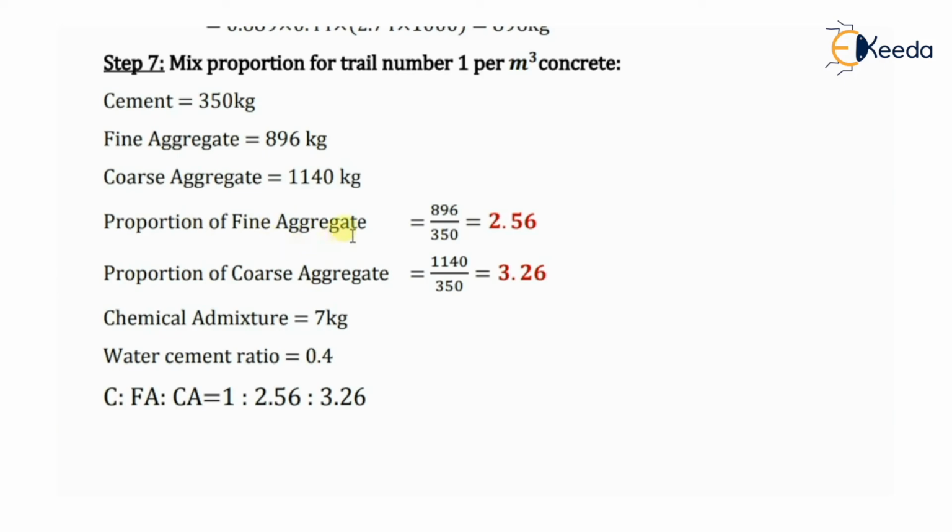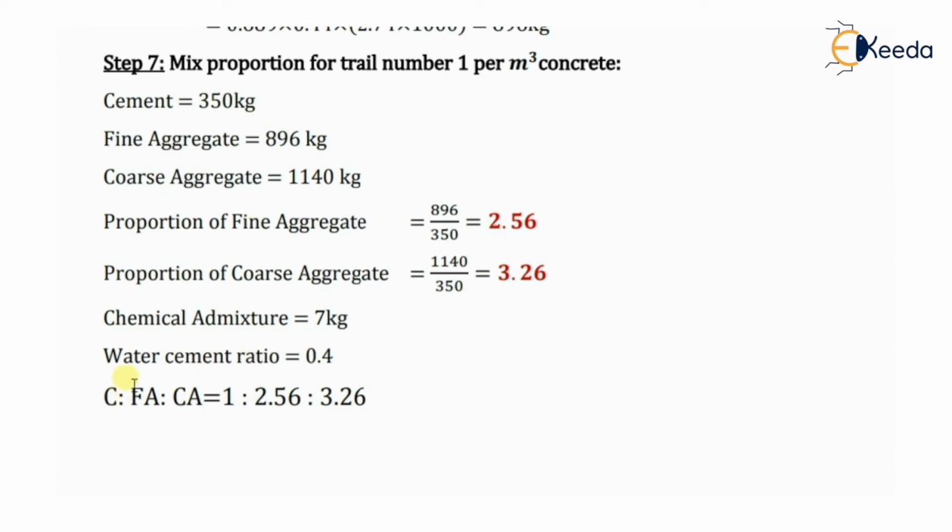So the proportion of fine aggregate will be 896, that is the weight of fine aggregate, divided by cement weight, which comes as 2.56, and the proportion of coarse aggregate will be calculated as the weight of coarse aggregate, which is 1140 kg, divided by the weight of cement, which comes as 3.26, and chemical admixtures are 7 kg, and the water cement ratio we will be using is 0.40. So see, this is nothing but a summary of the design.